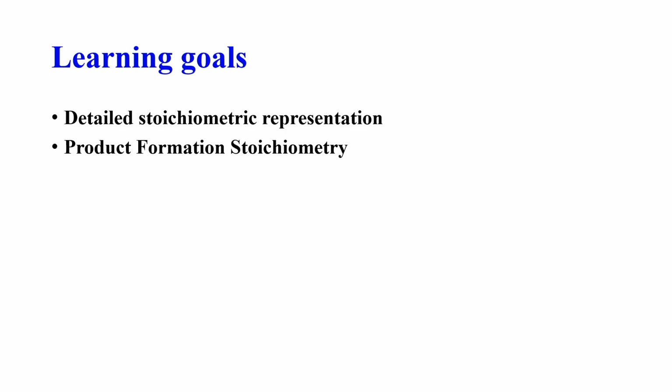So, hello everyone. We are going to start part 2, that is the stoichiometry of product formation. Let us quickly revisit what we discussed in the last lecture. In the last lecture we discussed how to do stoichiometry balance using the concept of electron balance.